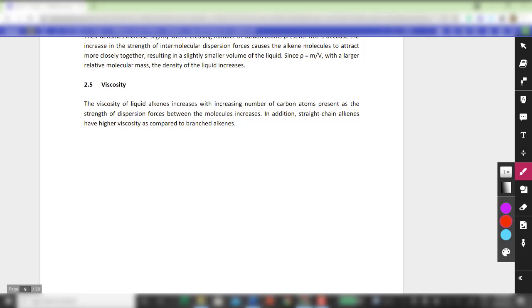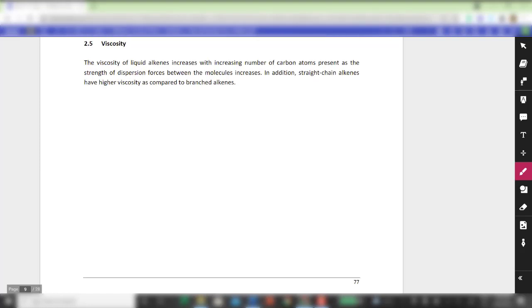Okay, so it's like honey, I think I always use this example, honey versus water. Honey is largely carbohydrates with extensive numbers of OH bonds, so the hydrogen bonding is relatively extensive. Because of that, honey is very viscous, but water is not as viscous. So in terms of viscosity, you expect alkenes with a larger number of carbon atoms to be more viscous.